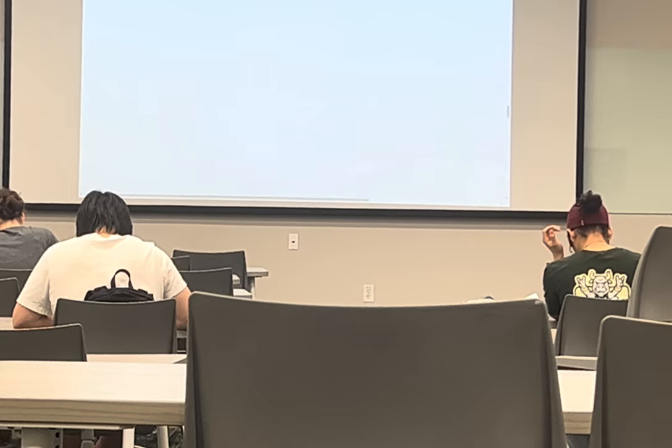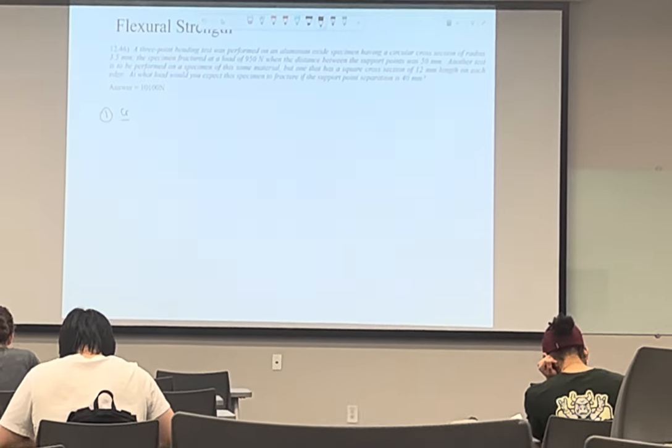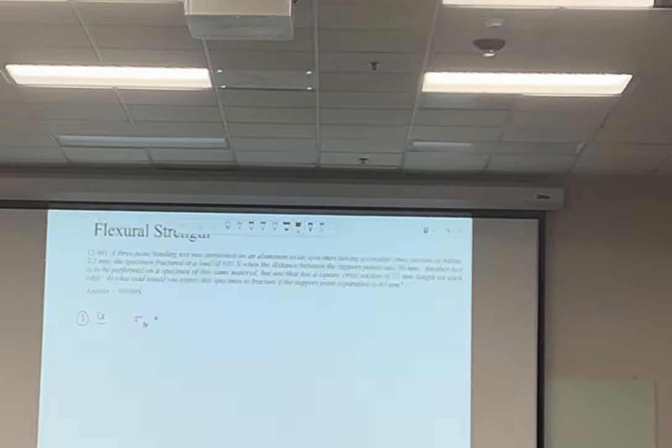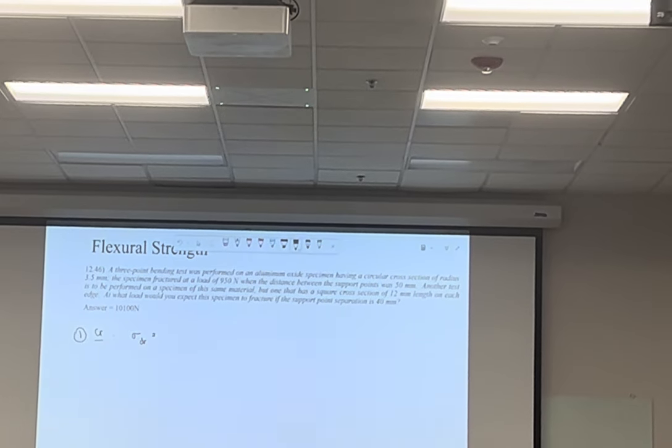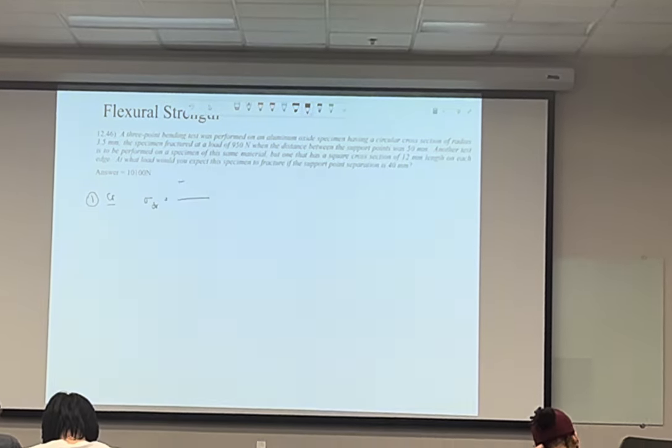Let's solve it together. Let's focus on the first condition, in which we have a circular cross section. We can find the flexural strength from the first test, because we have everything.